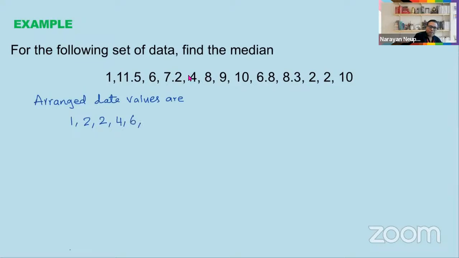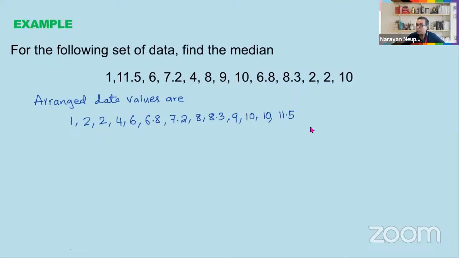There is 6, and then we have a 6.8. Then we have 7.2. Very good. Then we have 8. Then we have 8.3. Then 9, then we have two tens, right? 10, 10, and then finally we have 11.5.